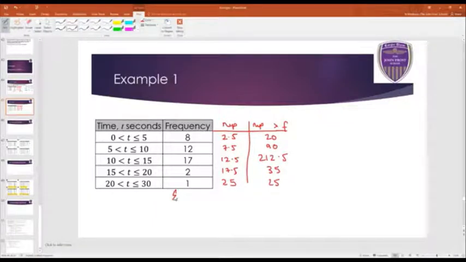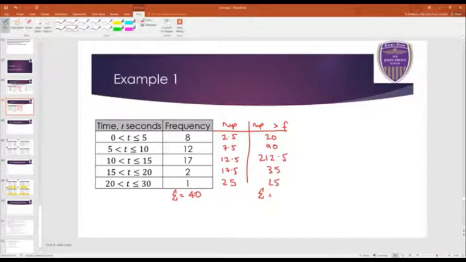Then, the same as before, we're going to find the sum of the frequency column, because that's the number of things that we're talking about. We're also going to find the sum of the last column, because this is our total of what we're using. If we add the frequency column up, 8 plus 12 plus 17 plus 2 plus 1 gives us a total of 40.